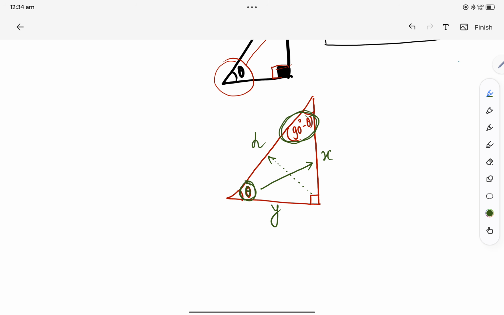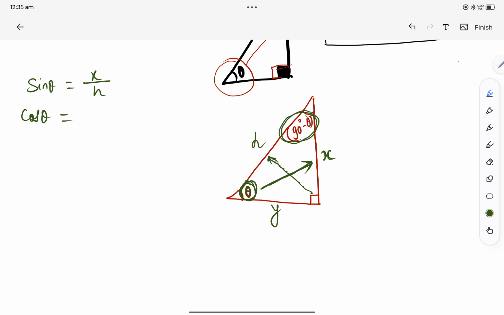So let us define. So sine of theta, that is sin theta, is defined as the side opposite to this angle theta, that is x, over the longest side, that is hypotenuse. So it is x over h.